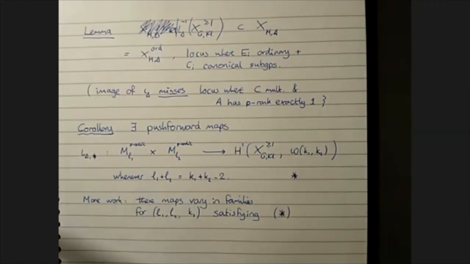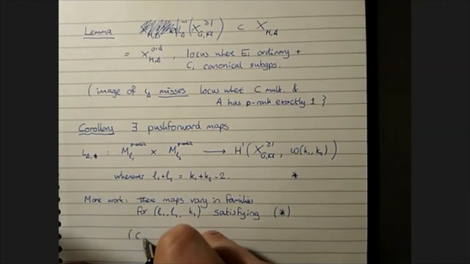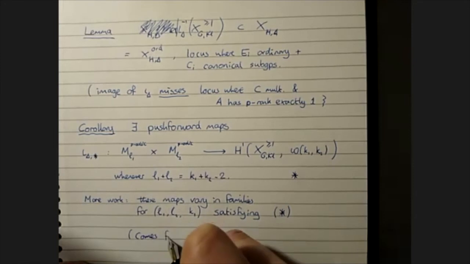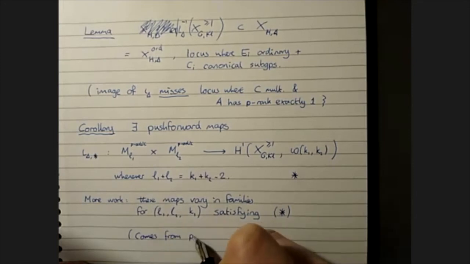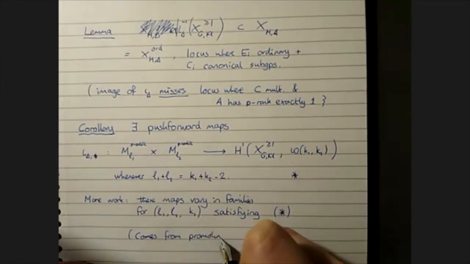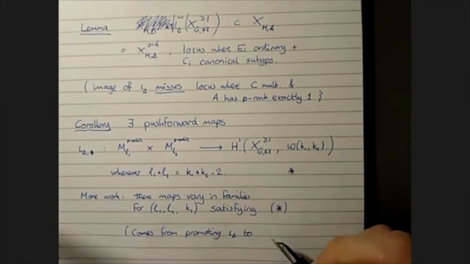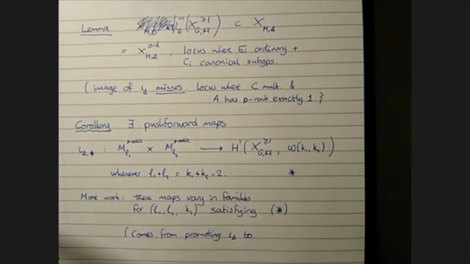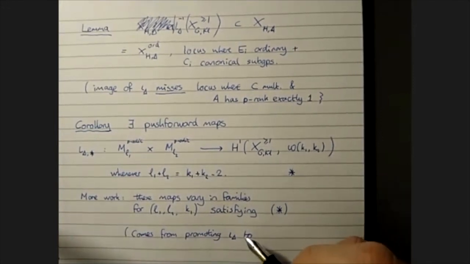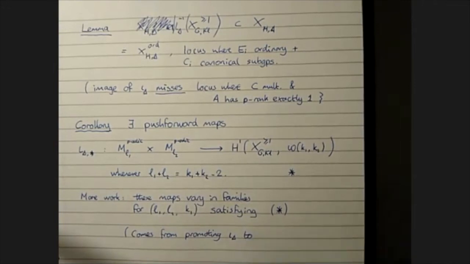So that comes from promoting the map iota delta to something on an Igusa tower, some tower of Shimura varieties parameterizing some trivialization of your subgroup mod p to the n.